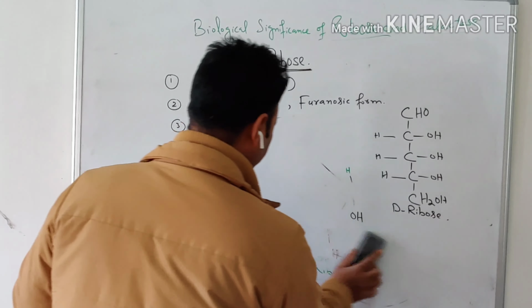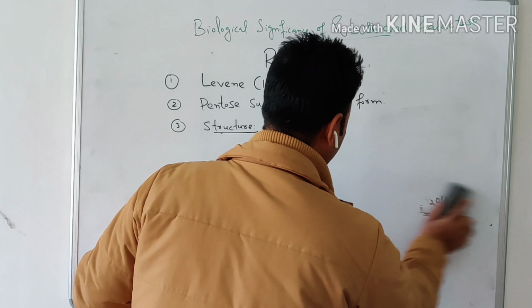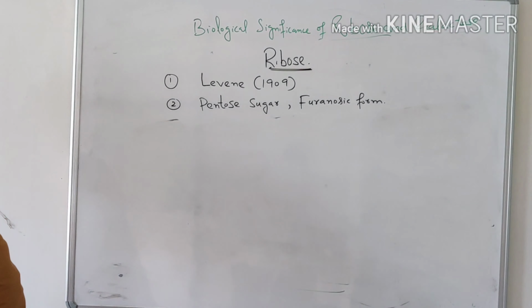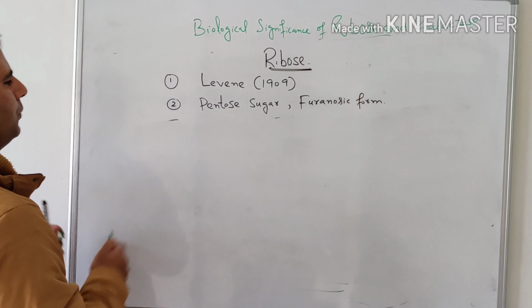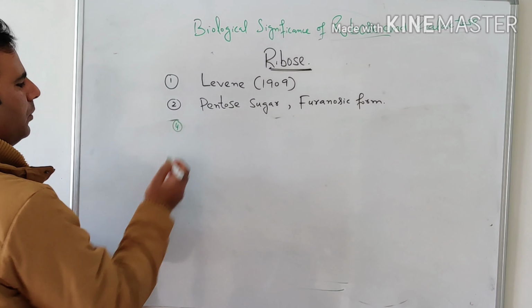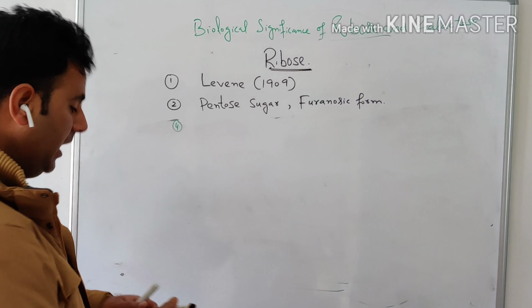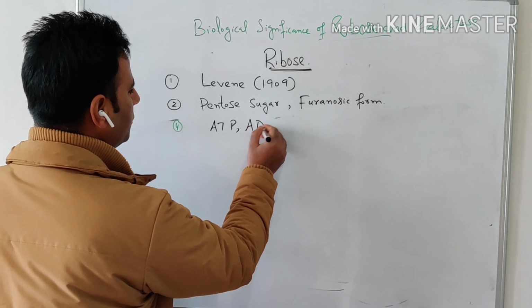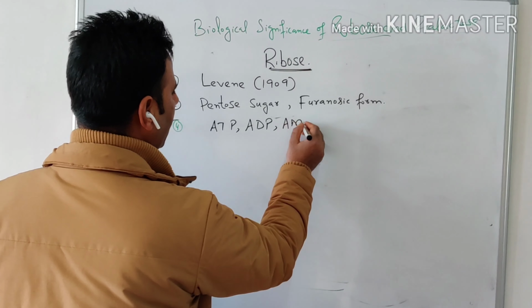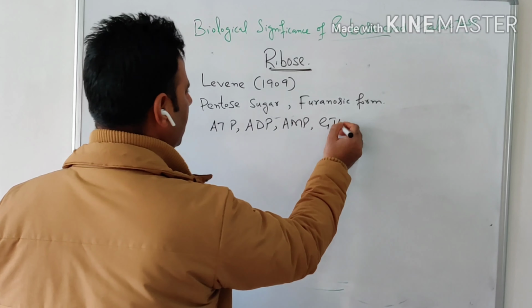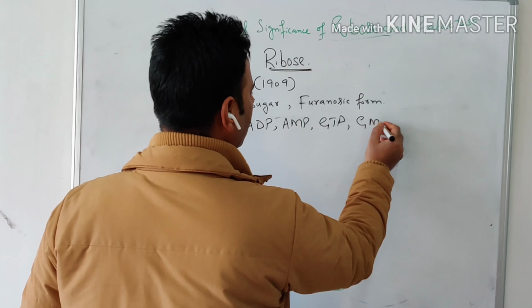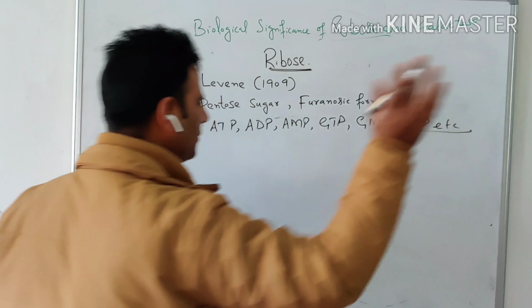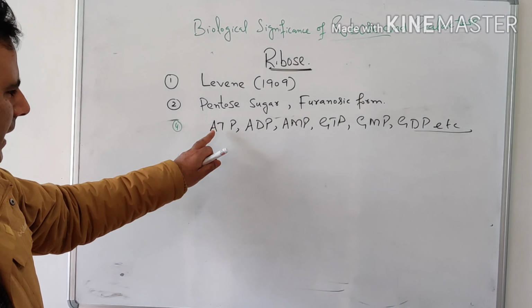Then, what is the importance of ribose? Ribose is a constituent of ATP, adenosine triphosphate, adenosine diphosphate, adenosine monophosphate, guanosine triphosphate, guanosine monophosphate, guanosine diphosphate, and so many others.